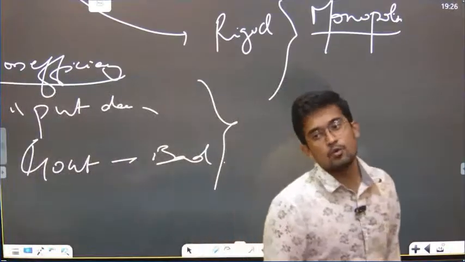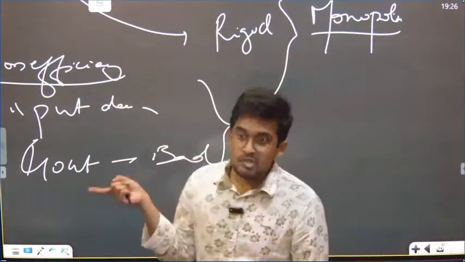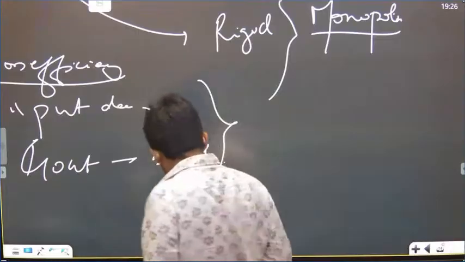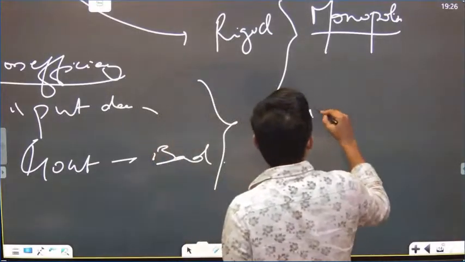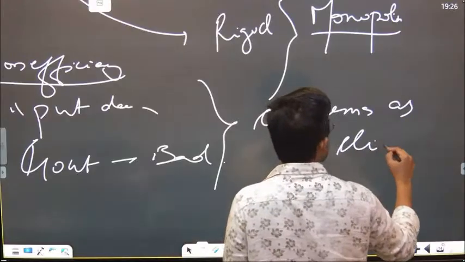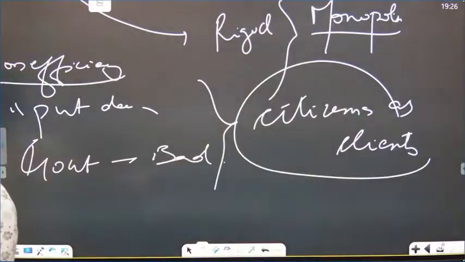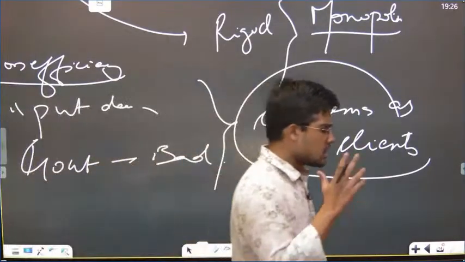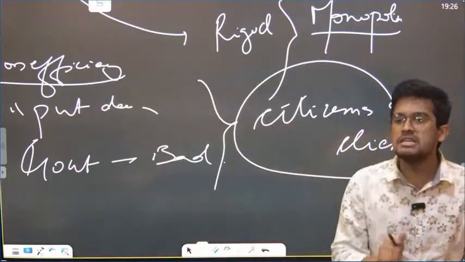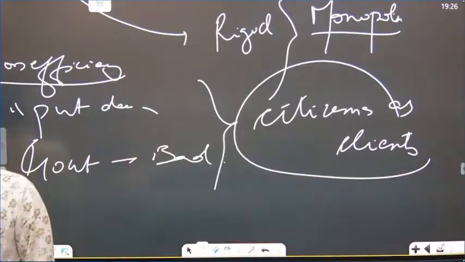The problems that happened under NPM were because of this: treating citizens as clients. Don't you think it's a problem? Because citizens have a constitutional existence. Clients are just in a marketplace.